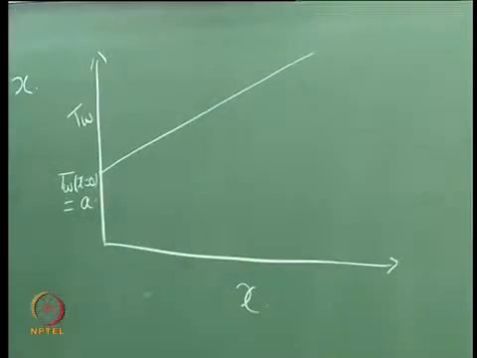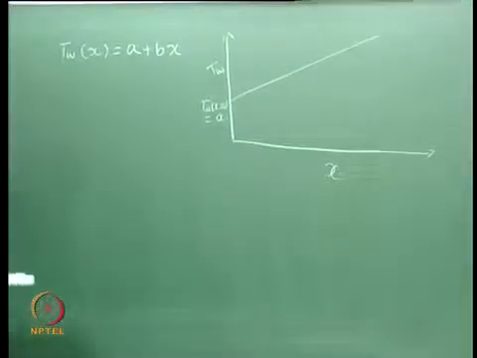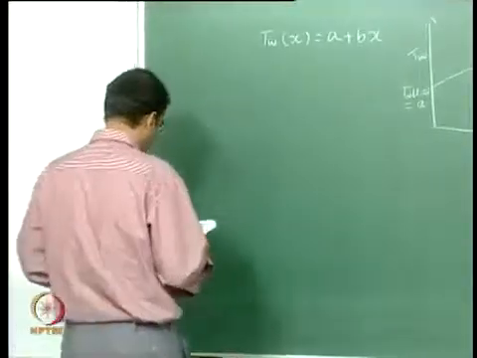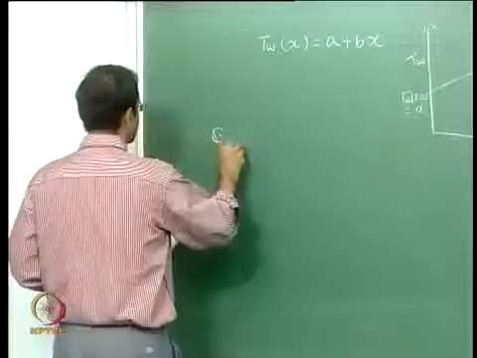So if you go back to what we derived yesterday with the Duhamel superposition integral, if you have a continuous variation of the wall temperature, we have derived the expression for the wall heat flux.